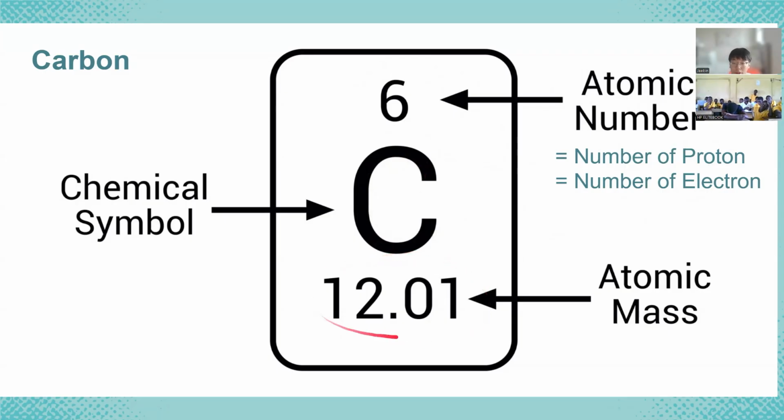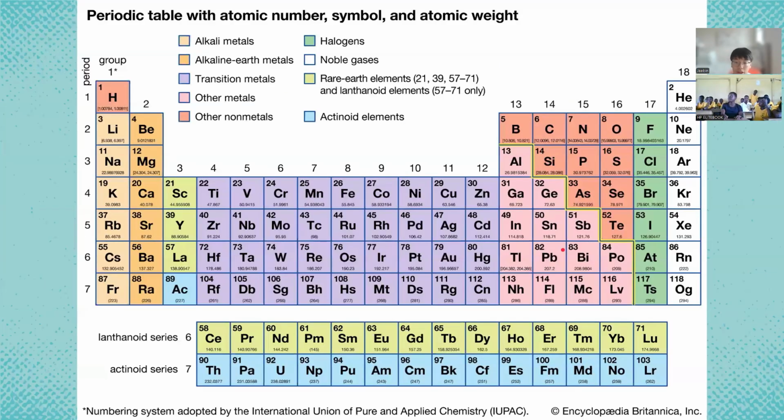At the bottom is the atomic mass, which we already talked about, was the number of nucleons. For carbon, it is 12. Nucleons are, again, protons plus neutrons. So carbon has 6 protons, so carbon should also have 6 neutrons. That is how we can tell the number of protons, electrons, and neutrons a certain element has.